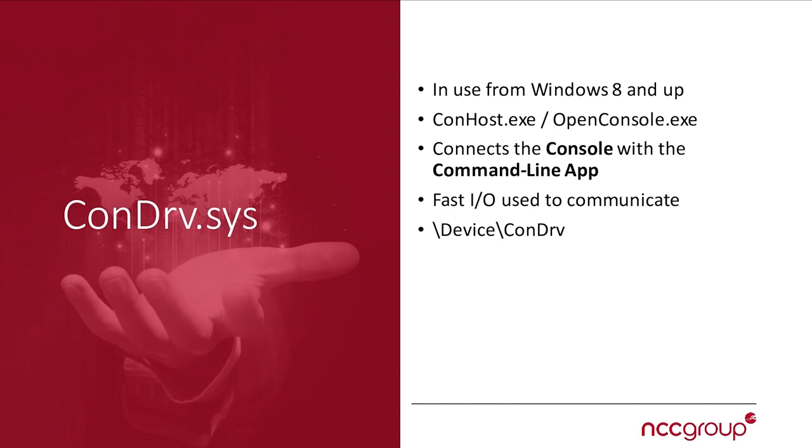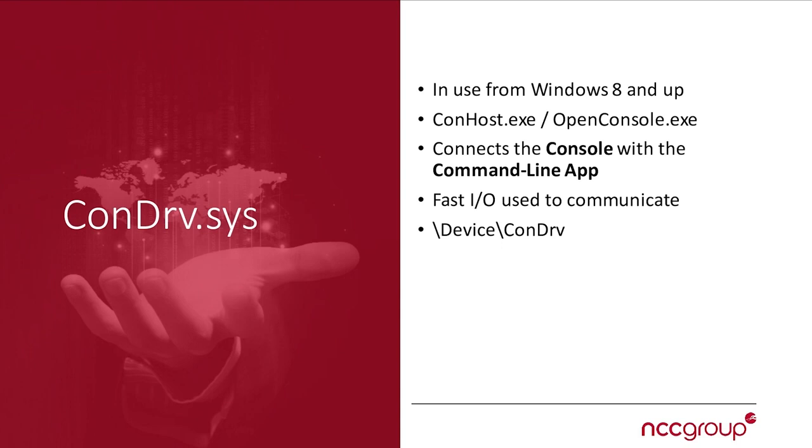So the communication between the console and the command line application goes through a driver, a device, which is called the ConDrv device driver. This process is using fast I/O to send and receive data from and to this device.